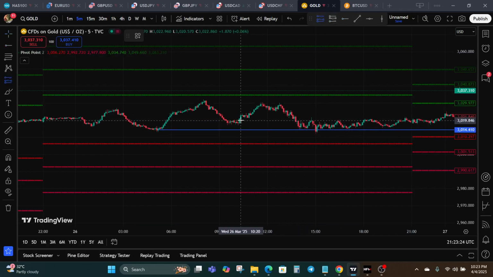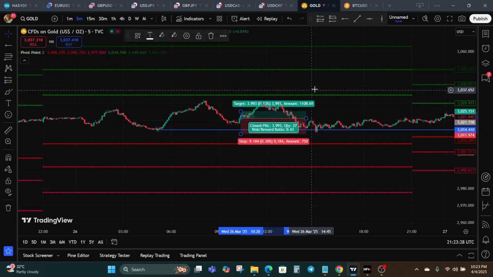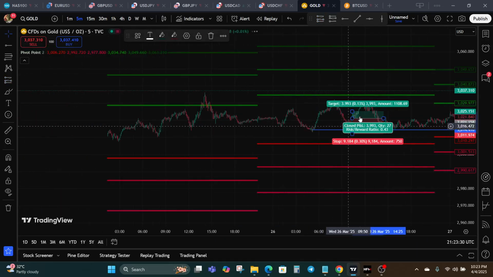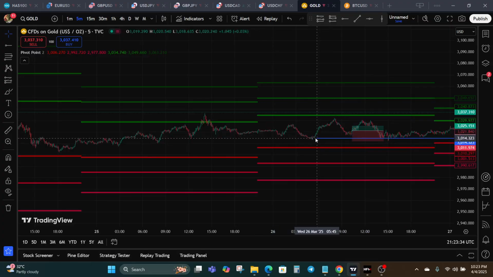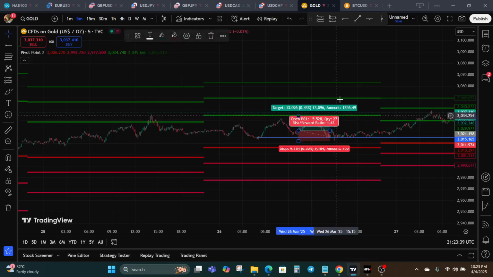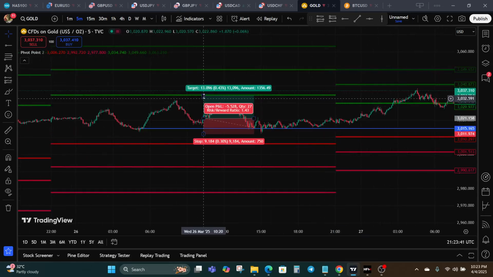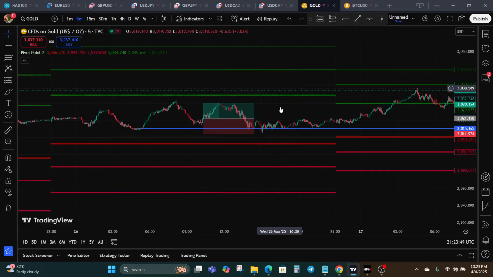So your stop loss is going to be below the support zone, and your take profit is set at the pivot point or halfway to the first resistance, halfway to R1.